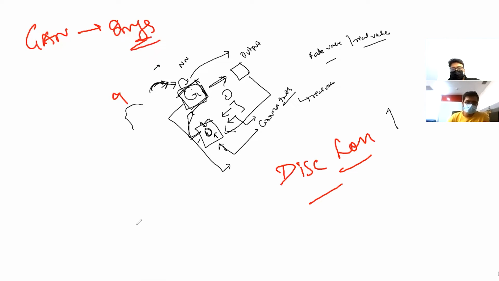Suppose it should be 0.1, 0.2, or 0.9? I think it should be 0.5, because that means the discriminator is unable to differentiate between the real and the fake value. Yes, that's what I'm asking. Okay, that would be good.